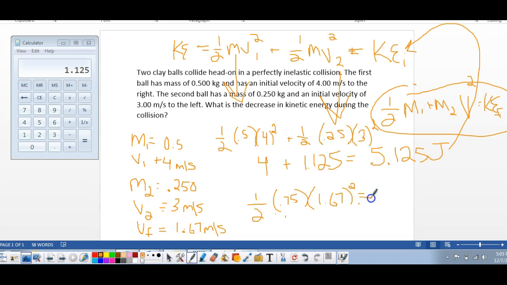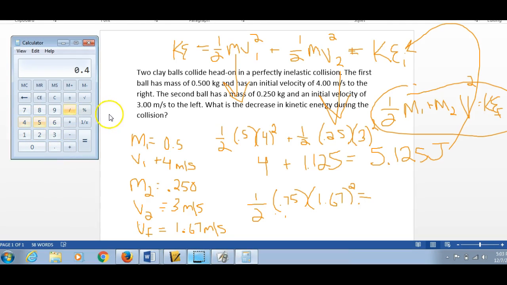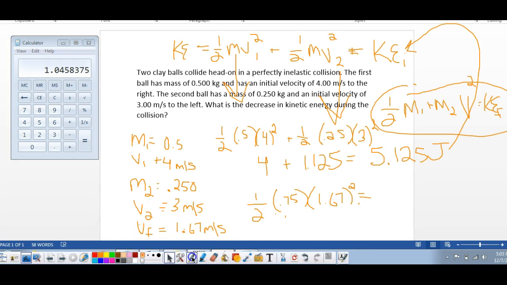We go to our calculator: 0.5 times 0.75 times 1.67 times 1.67 equals about 1.046 joules. So those are our two energies.